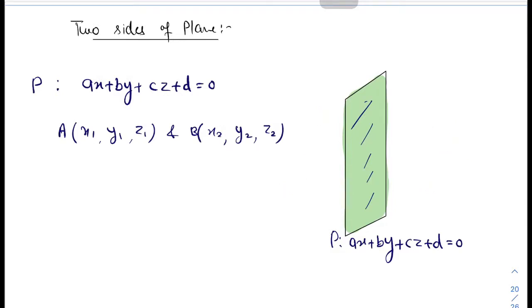This is very similar, 100% similar, I would say, to the lines. What do we do? We just put this point in the equation of the plane and we get ax1 + by1 + cz1 + d by putting point A in the equation of the plane.